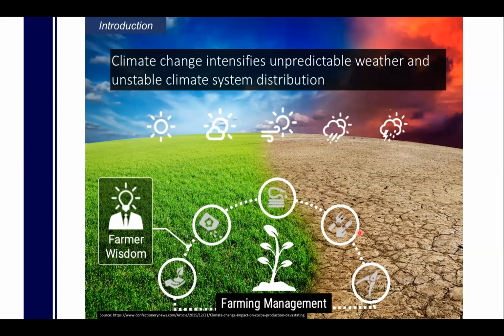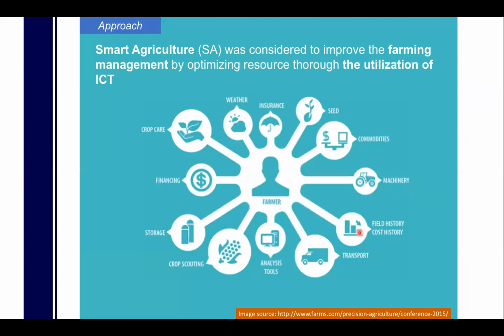Climate change, especially related to agricultural things, we have to mitigate the problem, mitigate the situation. Smart agriculture is considered to improve farming management by optimizing. So once again, the keyword is how to optimize the resource. I think this is the key main indicator in smart agriculture.